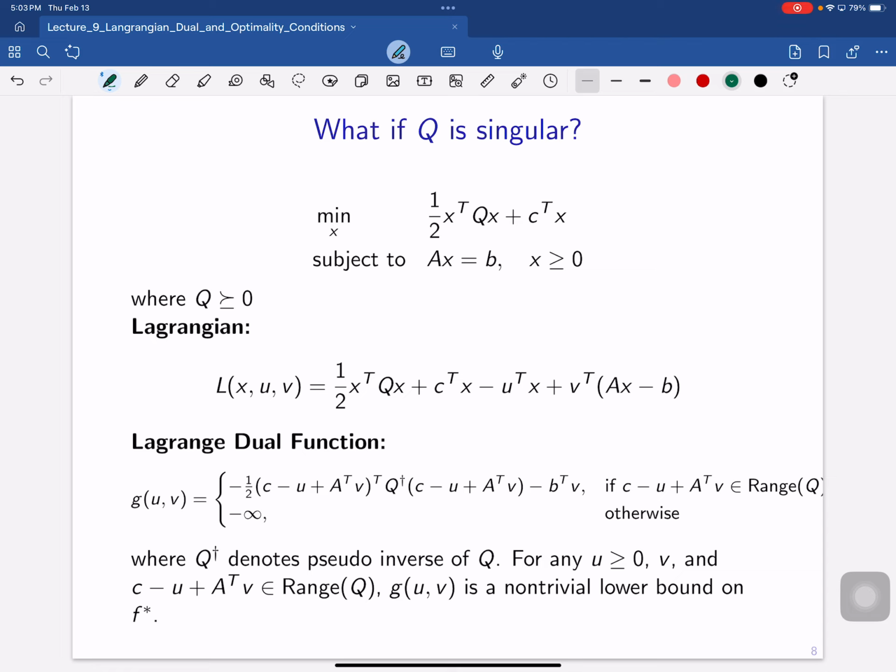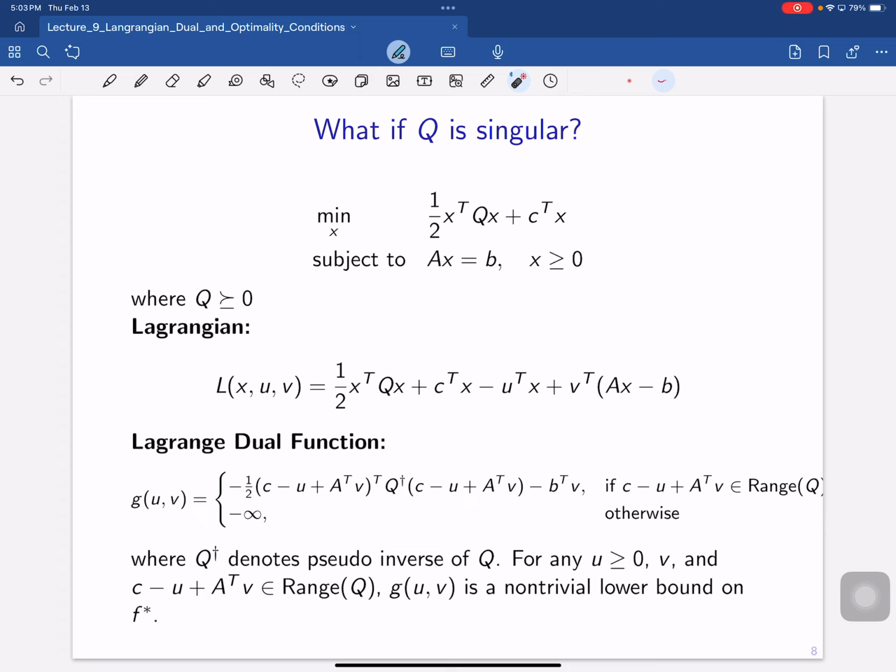That's what we will show you in the next few slides, but I will gradually show you the result. So what if Q is singular here, and also Q is positive semi-definite? How do you get the Lagrangian dual function?